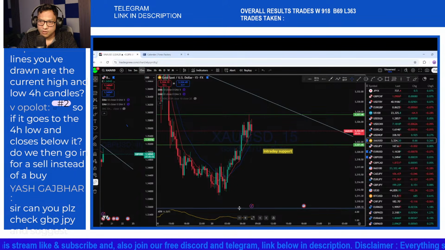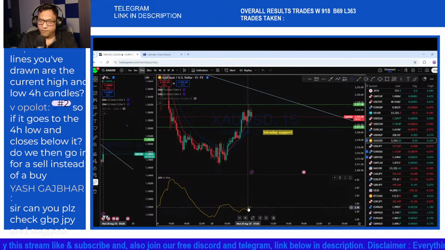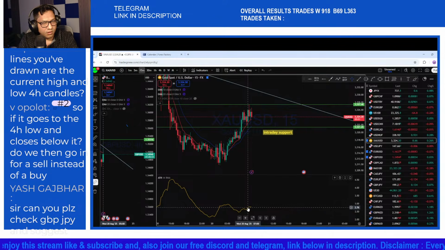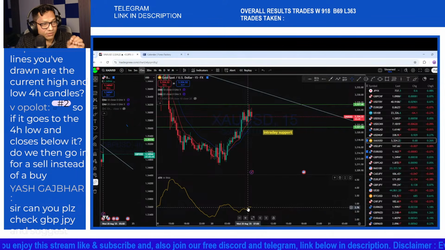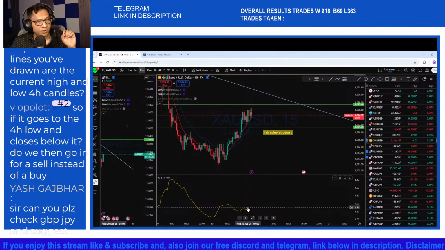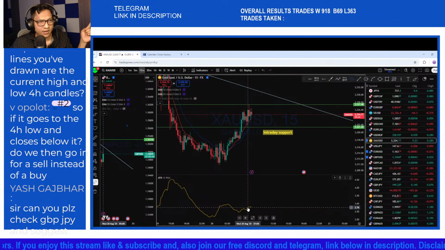So you see that ATR is very important. How is the level being hit? Was there any pullback in that move?